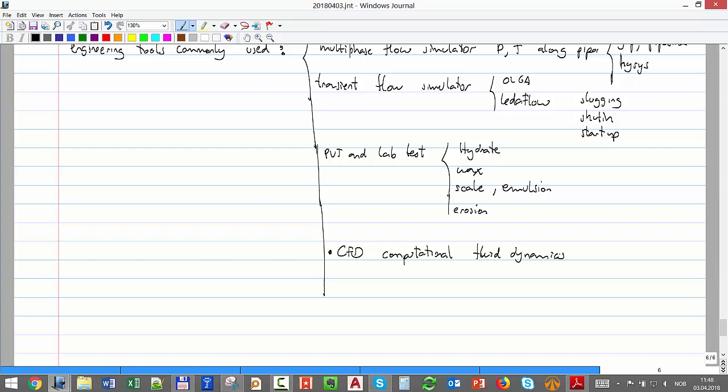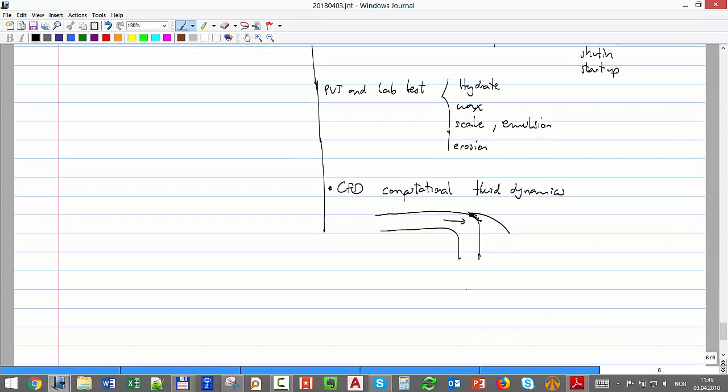CFD allows you to look at the 3D geometry. Okay, if you want to see what happens with the geometry inside a valve, how can you improve it? For example, you're getting a lot of erosion. Let's say you have a bend like that, very sharp, and you're getting a lot of erosion in that part. You can use CFD to help you say, well, I should make that bend in a different way, which is less prone to erosion, or use different components.